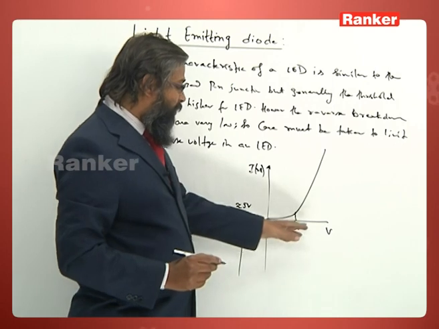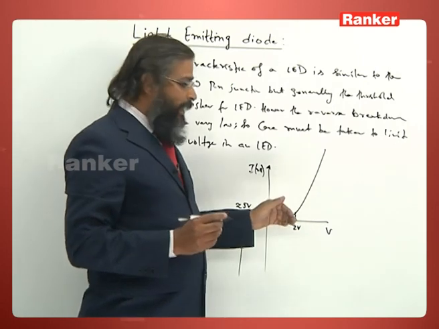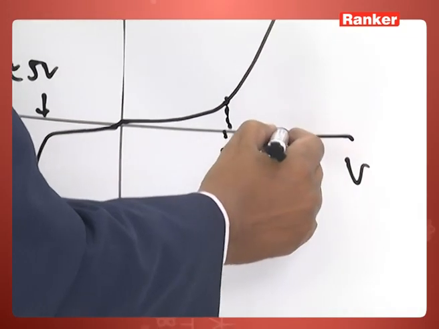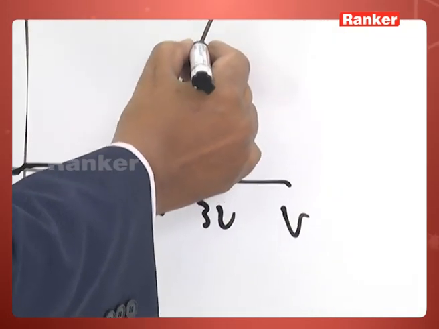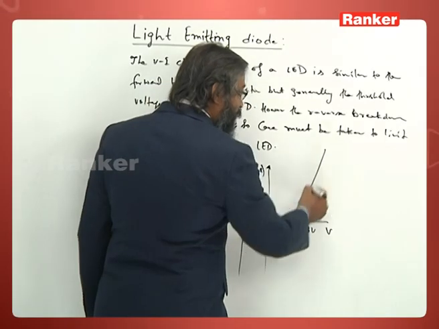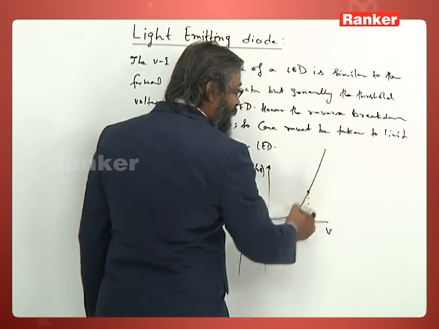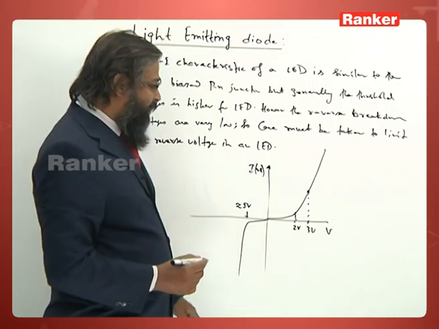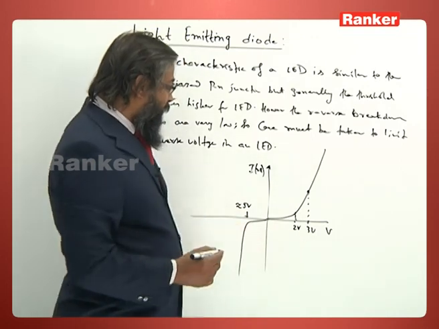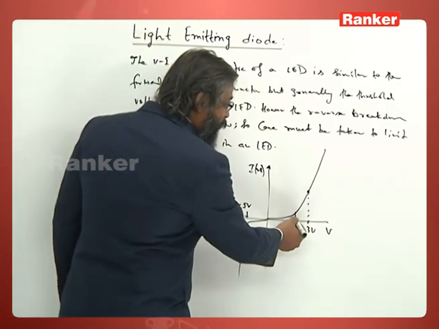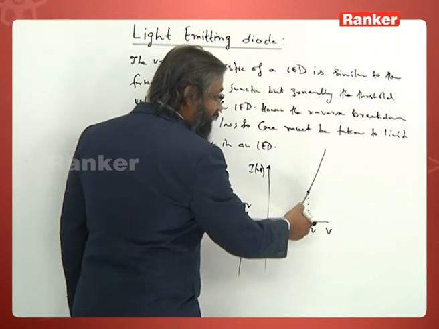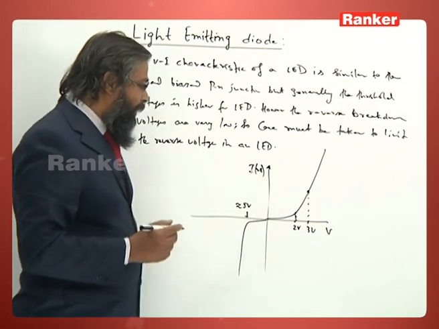That means if we give a proper bias of 3 volts to that LED, then it will begin to conduct, and the current will vary linearly with the voltage. It will be in the linear region. For low voltage, suppose 2 volts or 1.5 volts, the current is in this region, so its efficiency won't be very good.